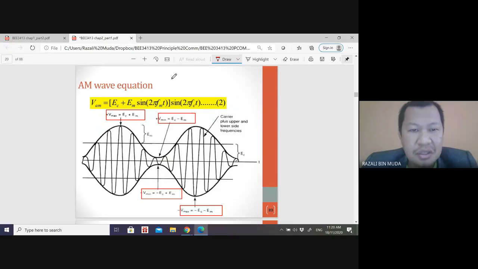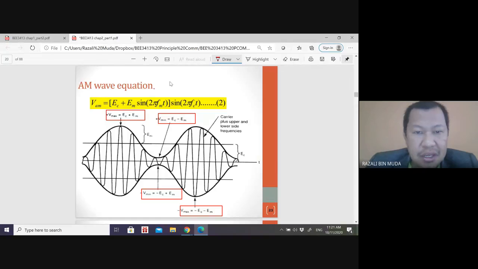Okay, so AM wave equation. Sekejap lagi. So AM wave equation. From the equation just now, we can relate to the envelope. This is the envelope. Okay, we can see that this is the AM signal. And from this, you can derive some equations.